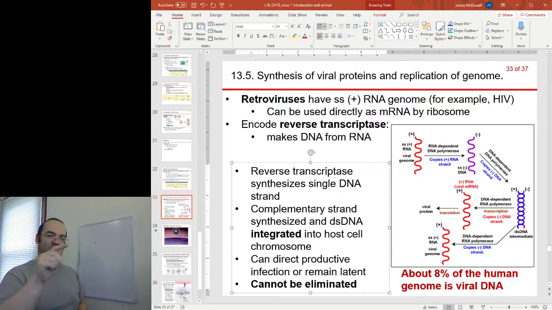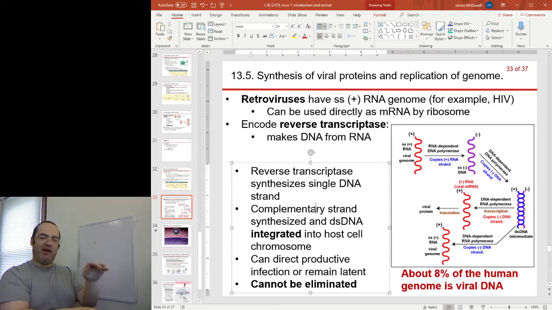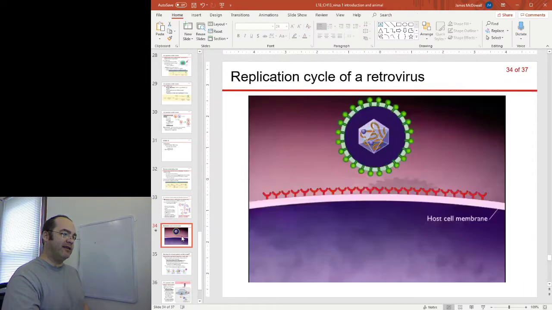We can do that as humans because we can look at the sequences and match them. We can say this sequence matches this virus, so this sequence must have come from a virus. But there's no innate system inside your cells that can do that kind of process. So let's take a look at retroviruses.